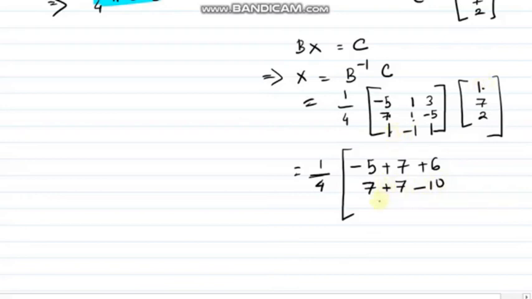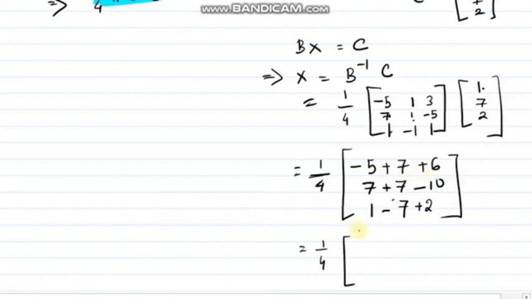Last one, 1 into 1, which is 1. -1 into 7, which is -7, sorry, my mistake. Please be very careful about this type of thing. And 1 into 2, which is +2. So if I simplify, it will be 1/4 of 8, 4, -4, and this is equal to your X.